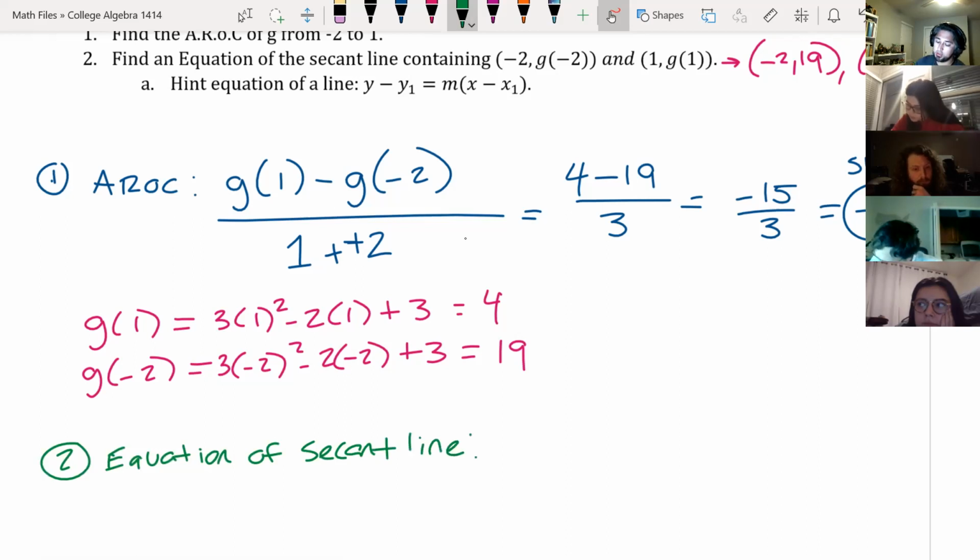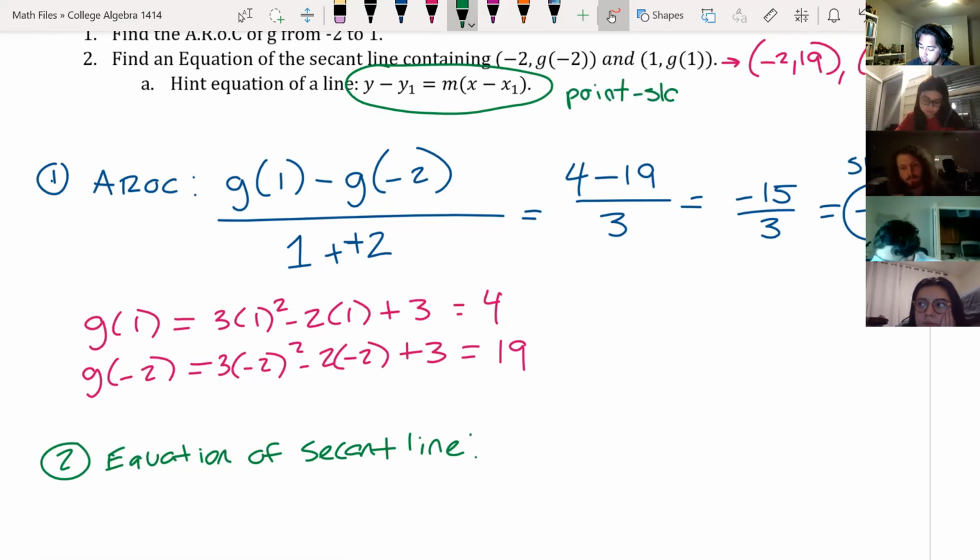And this is going to use this formula that I've given to help you find the equation of the secant line. This is called the point slope formula, because once again, it's telling you the 2 ingredients you need, a slope and a point. It's all in the name. So I'll rewrite it here.